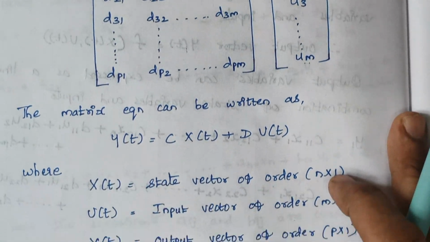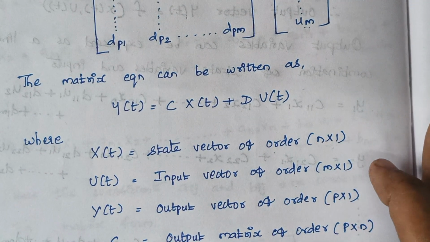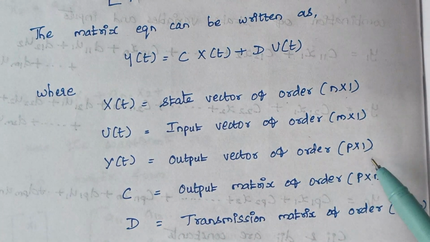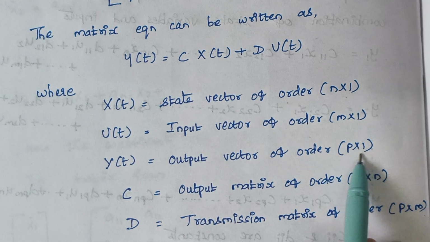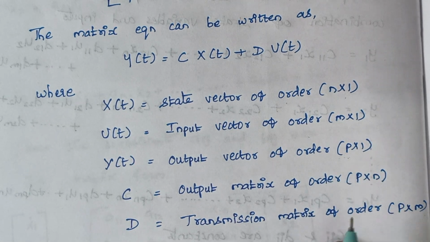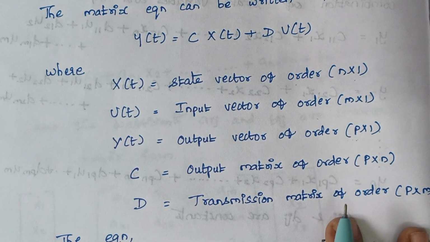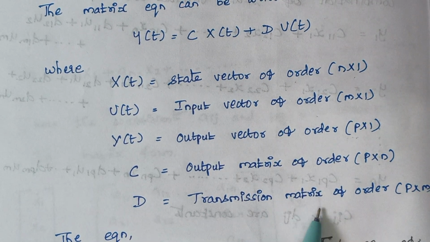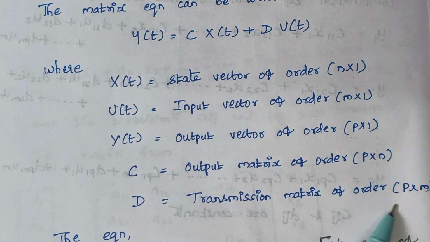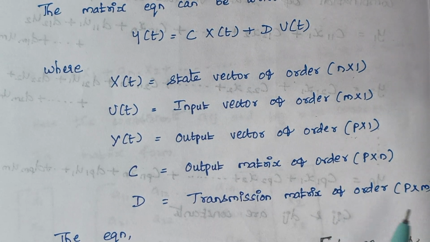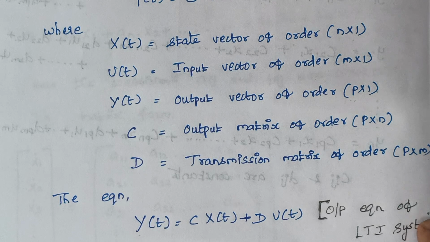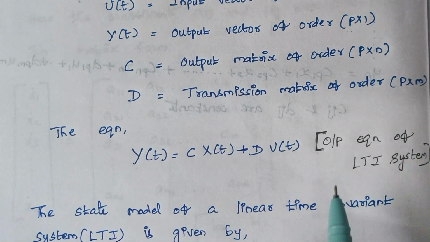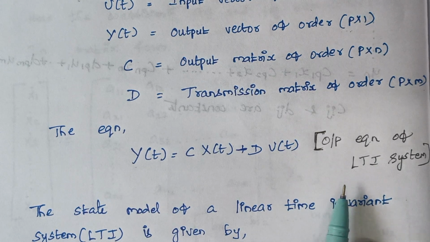And y of t is nothing but the output vector of order p cross 1, because the maximum output limit we are setting is p, right? C is nothing but the output matrix of order p cross n, and D is nothing but the transmission matrix of order p cross m, right?